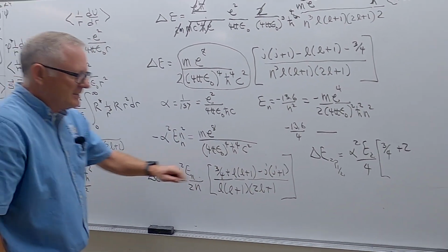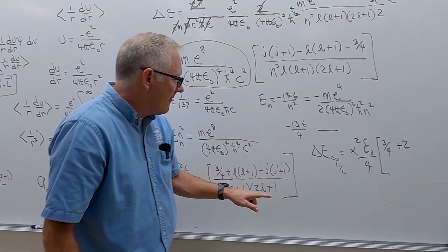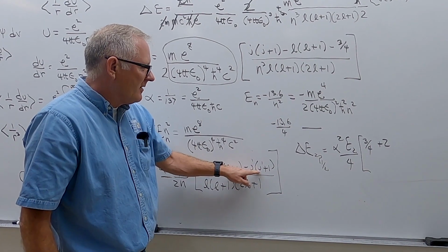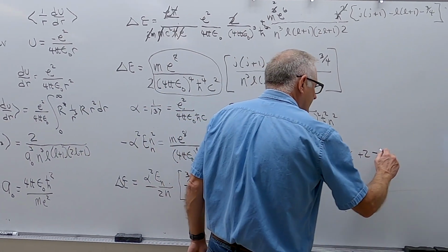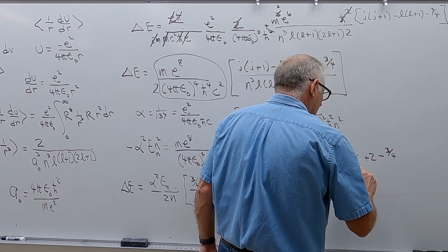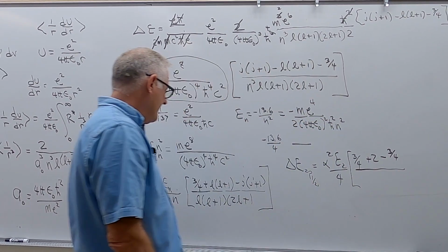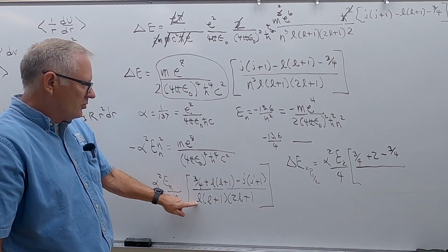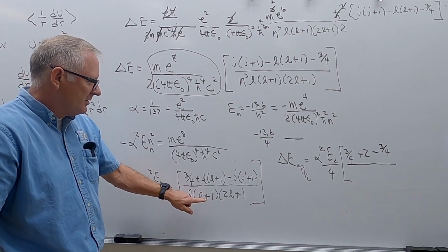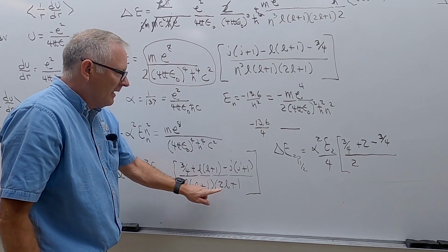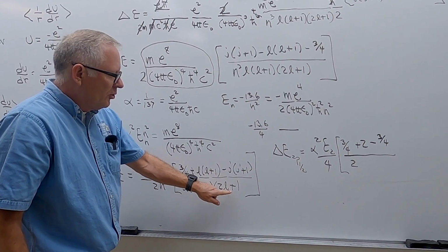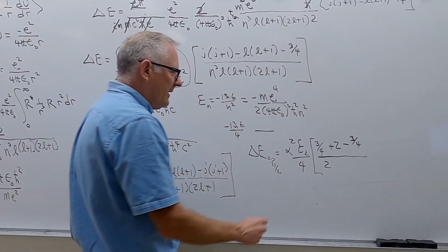J is this number down here, 1/2, so it's minus 1/2 times 3/2, which is minus 3/4. Oh, that's nice. Divided by L, which we said was 1, so it's 1 times 2, and that's 2 plus 1, which is 3.